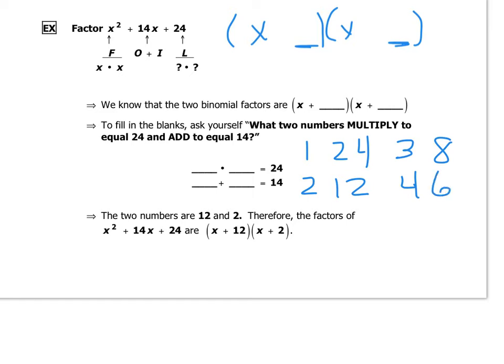And 4 and 6 adds to 10. The one I'm looking for is the 2 and the 12, because it multiplies to 24 and adds to 14. So my factors are x plus 2 and x plus 12, as you can see right here at the bottom of my page.